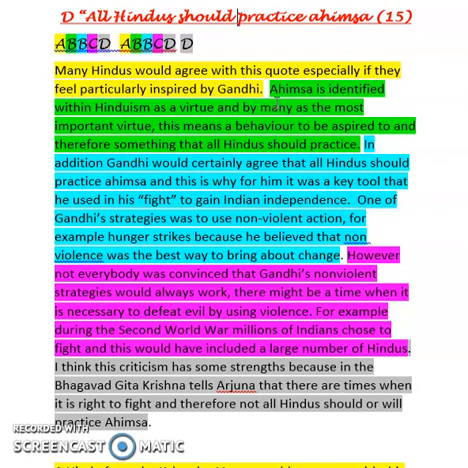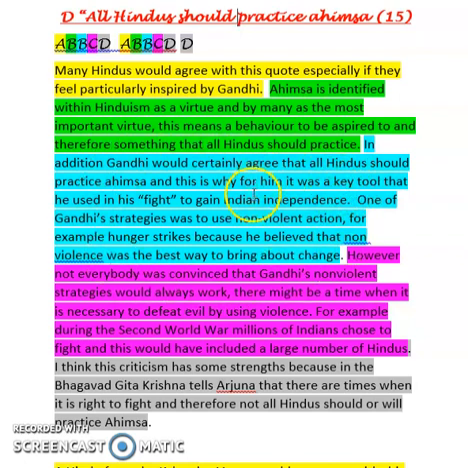And so then my first back it up, if you like, is the fact that within Hinduism, Ahimsa is considered a virtue and is often quoted as being the most important virtue, and therefore that suggests that it is something that all Hindus should practice. Virtue would count as a really good key term there.